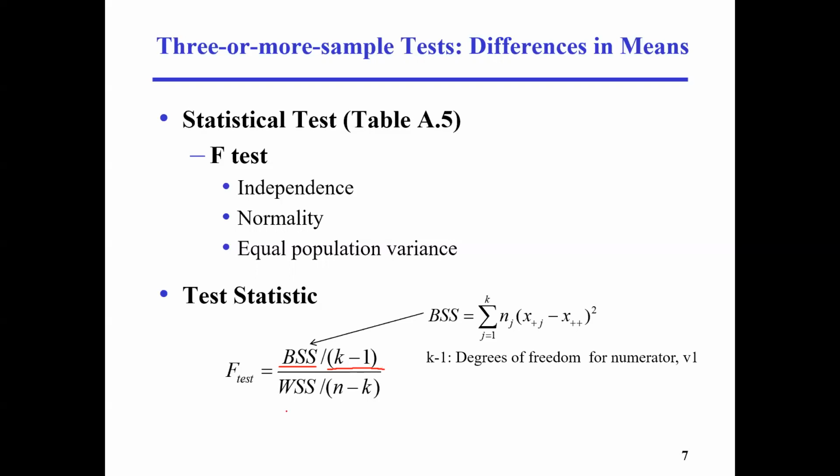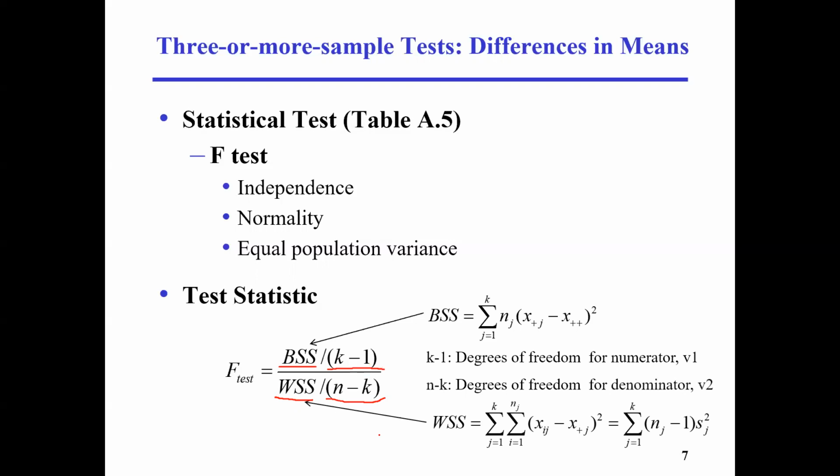The denominator is the ratio between WSS and N minus K. N minus K here is called the degrees of freedom for the denominator, or V2 in table A5. So you are going to use K minus 1 and N minus K when you are looking up the table. They are degrees of freedom.